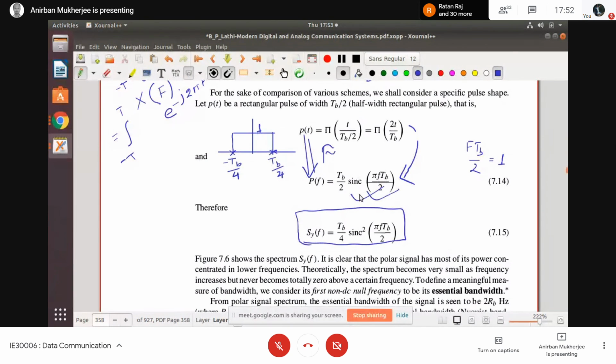This will be sinc pi, that means sin pi by pi. Sin pi by pi means it is 0. So that means when f equal to 2 by Tb, I have a zero. F equal to 2 by Tb.